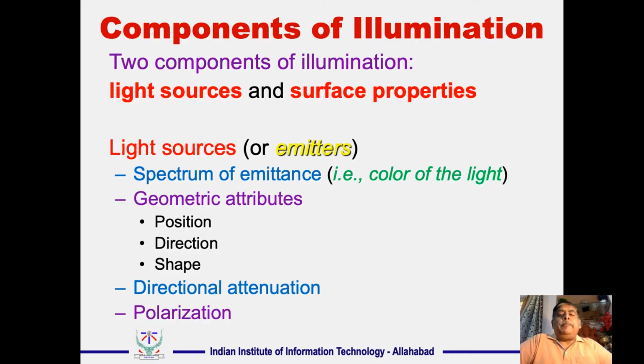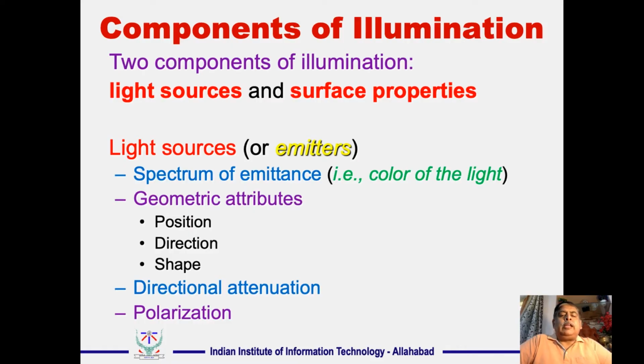Lighting sources or emitters. What we need to understand from these emitters is the spectrum of emittance. That is, is it totally white light, the color of the light which is emitting from these sources? We need to know the geometric attributes: position, direction, shape.